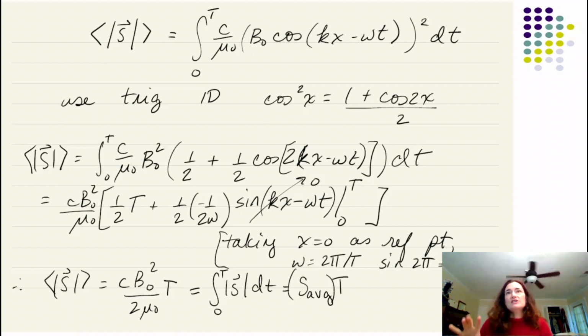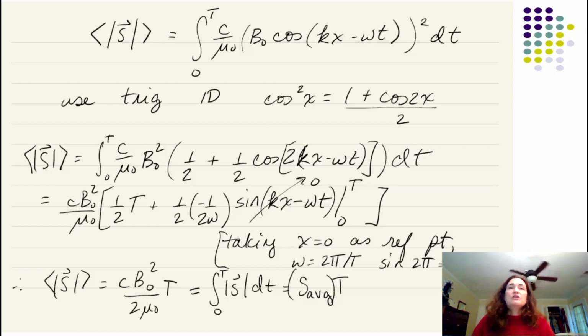Now what I need to do is the time average of that. So in order to do that, I'm going to integrate over one period, okay, for C B squared over mu naught. I'm going to integrate over one period of that with respect to time. Now that gives me a cosine squared. And I don't like cosine squares in my integral, so I'm going to use a trig identity instead to get rid of it.